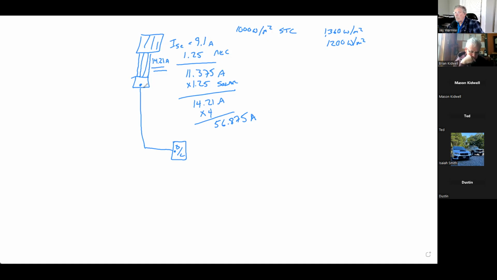But if I haven't bought those products yet, if I'm just designing this system and I don't know what's what yet, or if I think I might switch out the products in the future, which happens more regularly than you would think, the better design thing is just always pull your amps from the first column. That's your worst case scenario.